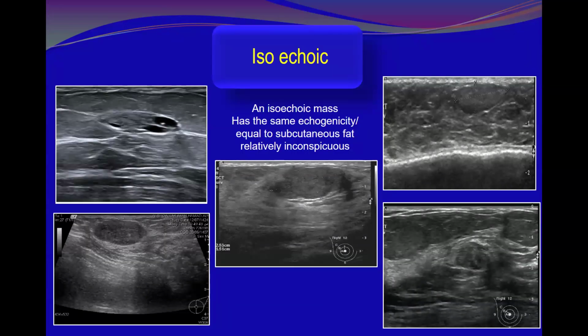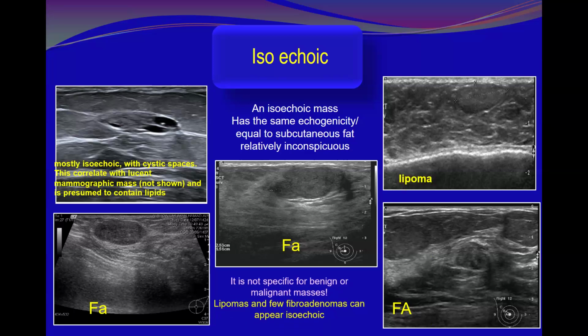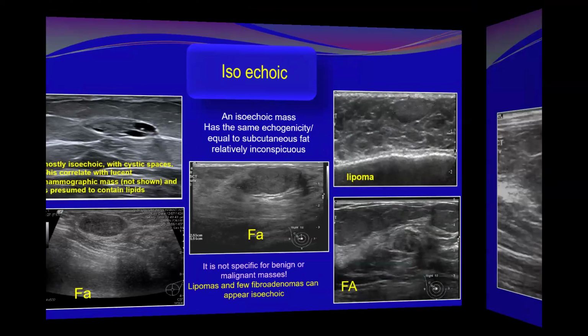Here we have different examples of isoechoic lesions with different pathology. Here I have 3 fibroadenomas, fat necrosis, and lipomas. So isoechoic is non-specific for benign or malignant. Lipoma and fibroadenoma can appear as isoechoic.